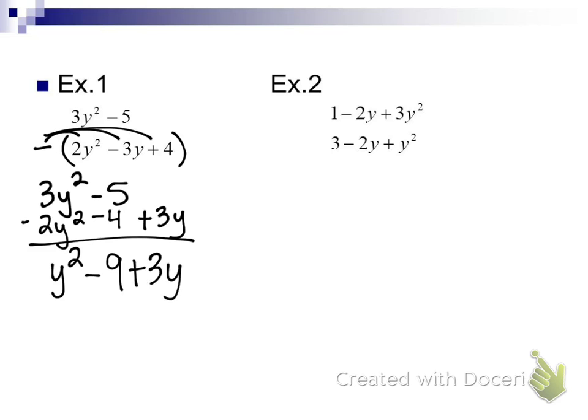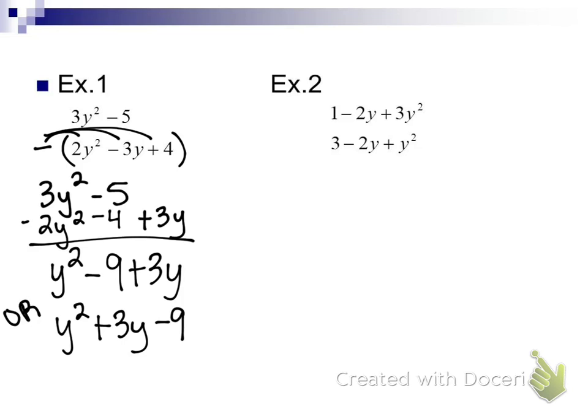If you write your answer in a different order, like y squared plus 3y minus 9, that's also fine. This bottom one is how you would usually see it written, like in a math textbook or an answer key. Okay, but I'm okay with either of these. Questions about example 1?